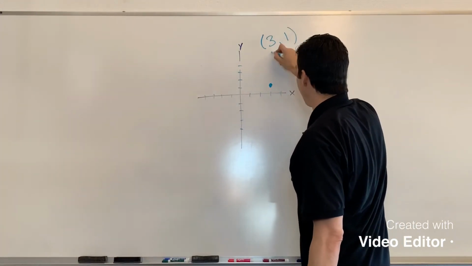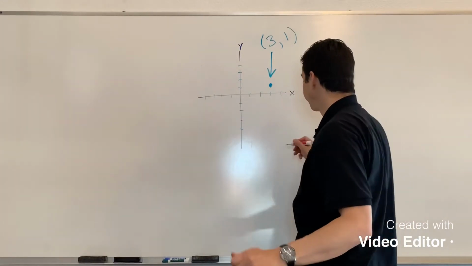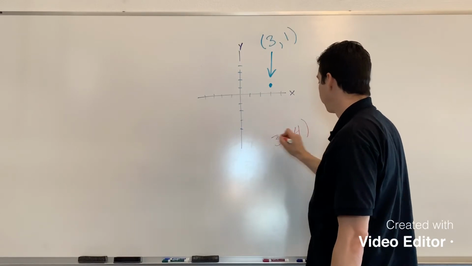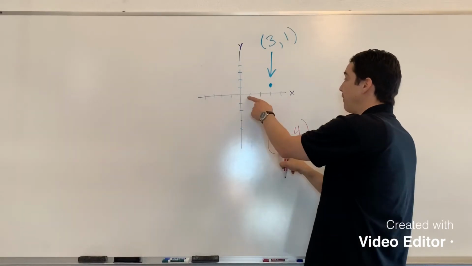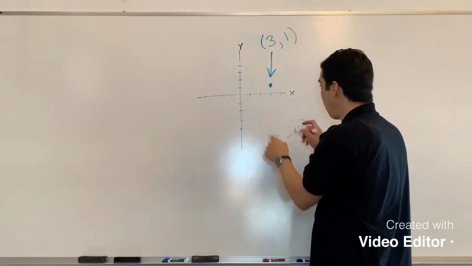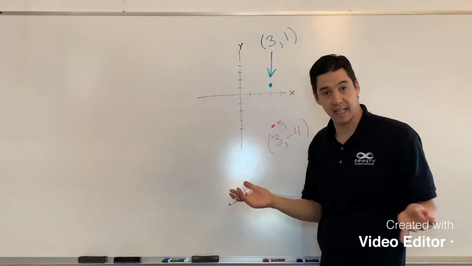That is 3, 1. If we had the point 3, negative 4, it would be 3 positive, 1, 2, 3, 4 negative, 1, 2, 3, 4. That would be the point 3, negative 4.